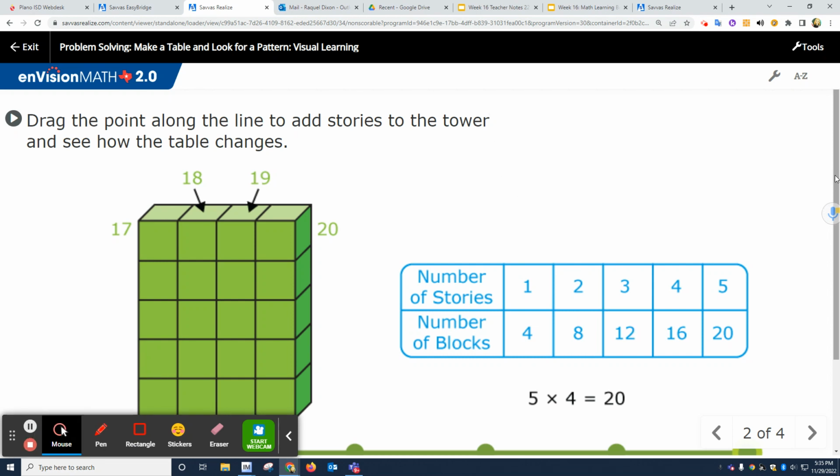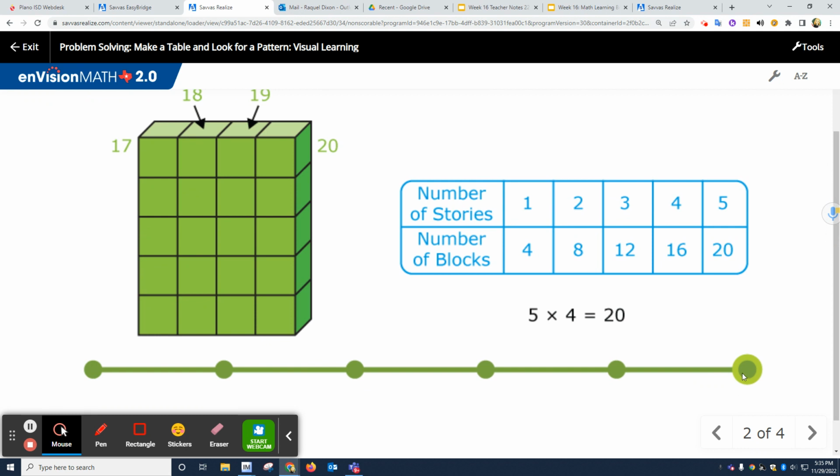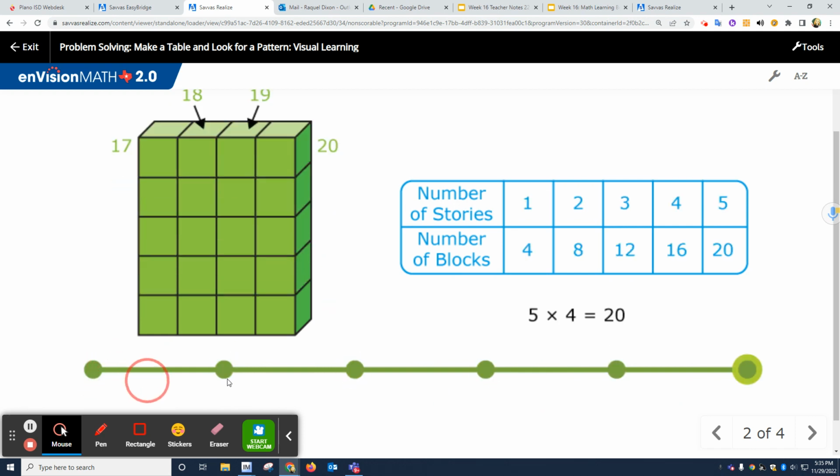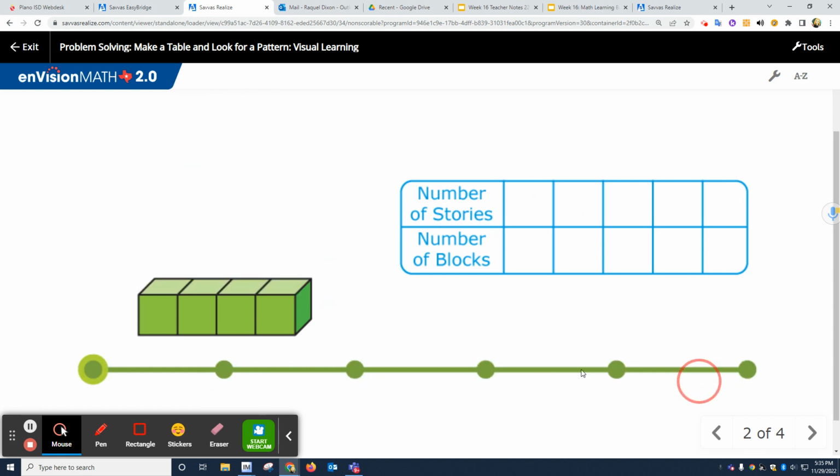Let's go ahead and try this activity. The cool thing about it is it slides down so you can see the building of the tower. So if I slide this, it builds the tower. So I'm going to move it back a little bit. And notice that the numbers fill in.